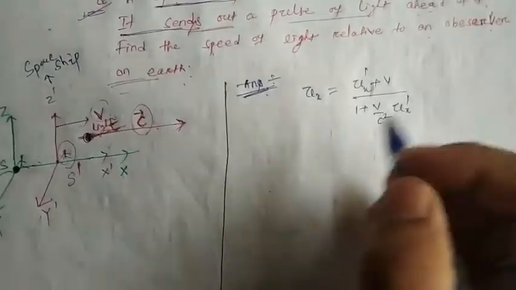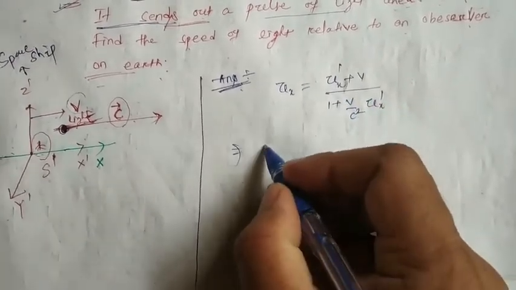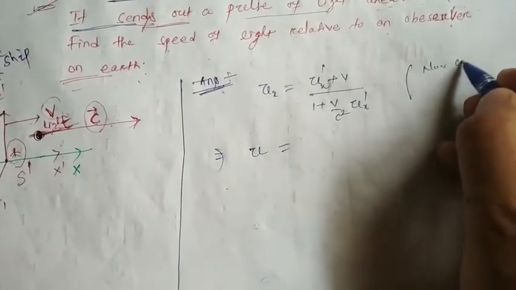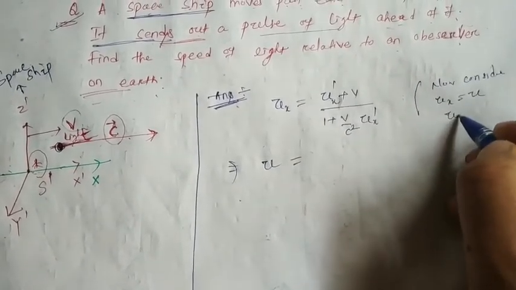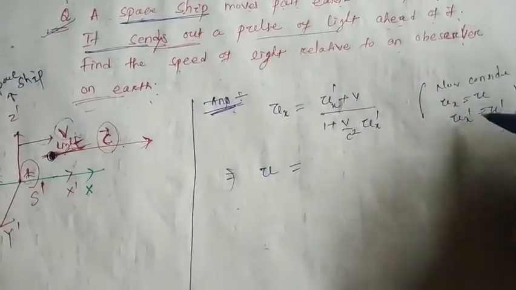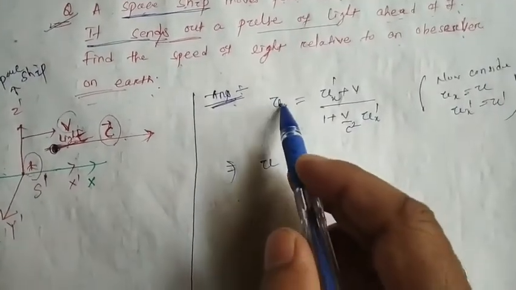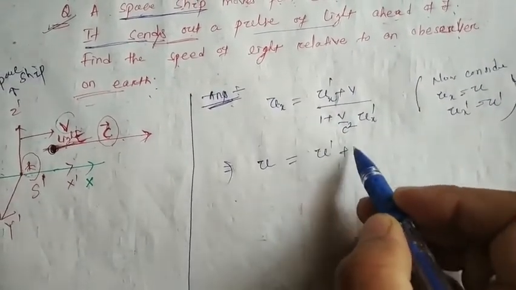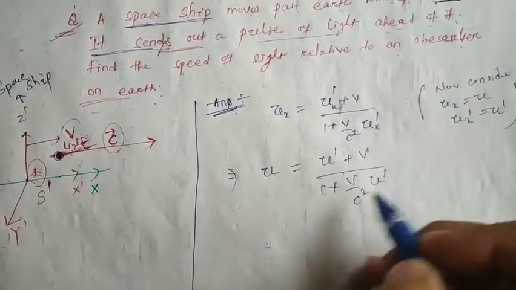Now consider ux equal to u and ux dash equal to u dash. You can write it directly this way. ux has been considered as u, and u dash will be u dash plus v by 1 plus v by c square u dash.